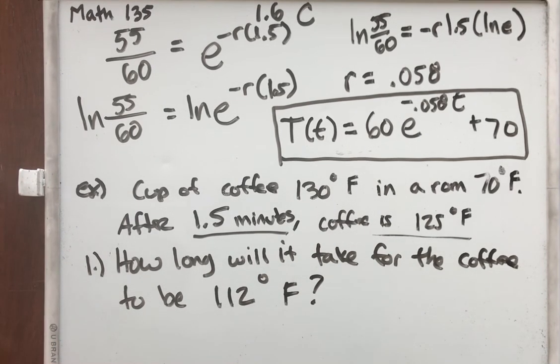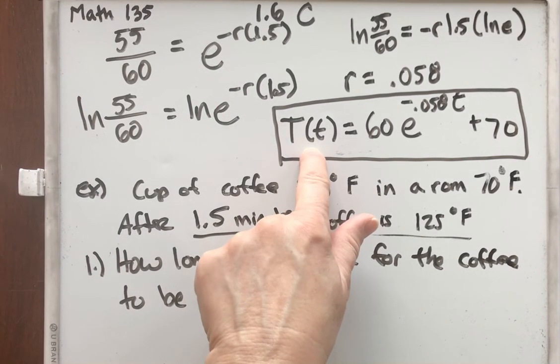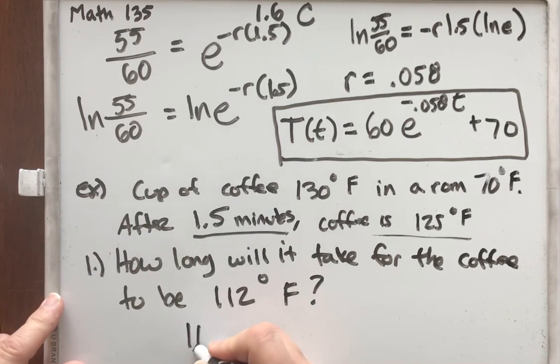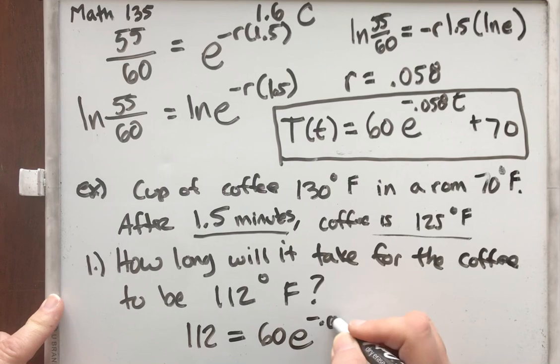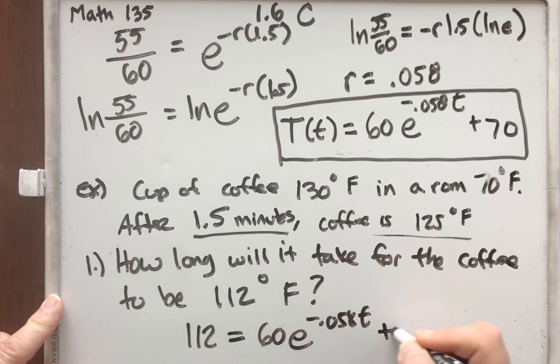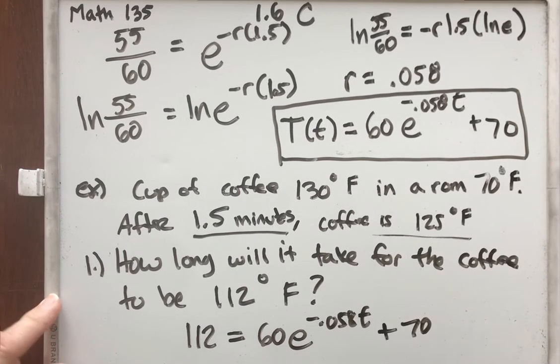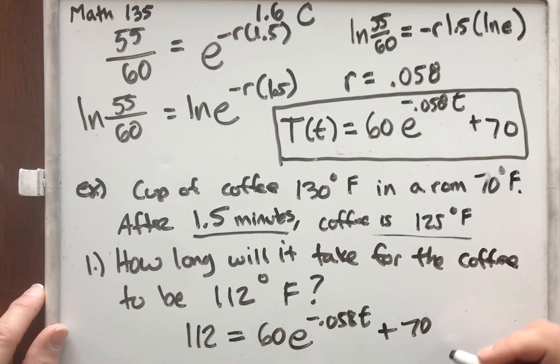Well, that makes sense. 112 is going to go right there. So we have 112 equals 60 e to the negative 0.058 t plus 70. And the rest is just algebra. Subtract the 70, divide by 60, and so on. And the answer is going to be about 6.15 minutes.